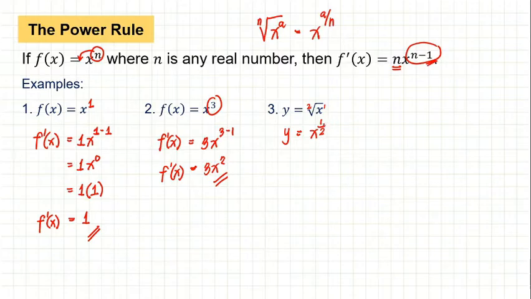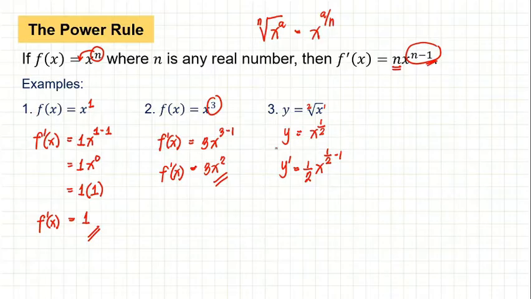And from that, we have already written our function in the form x to the n. So we can now apply the power rule. So applying the power rule, we will now have y prime. So the derivative is equal to, we will bring down 1/2, our exponent, then copy x, then 1/2 minus 1.